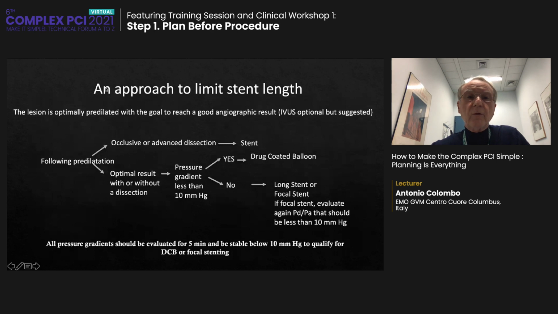So I'd like to conclude with this slide, an approach to limit stent length. The lesion is optimally pre-dilated with a goal to reach a good angiographic result. IVUS optimal but suggested. Following pre-dilatation, there is an occlusive or advanced dissection. You progress to stent. Optimal result with or without dissection.